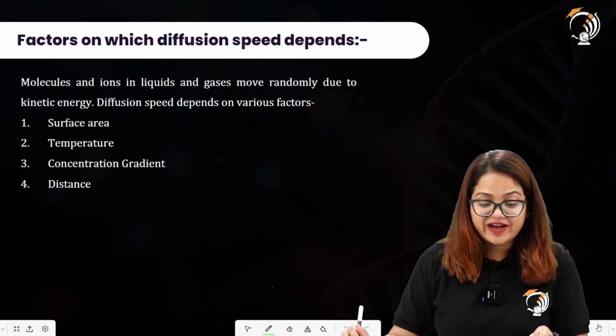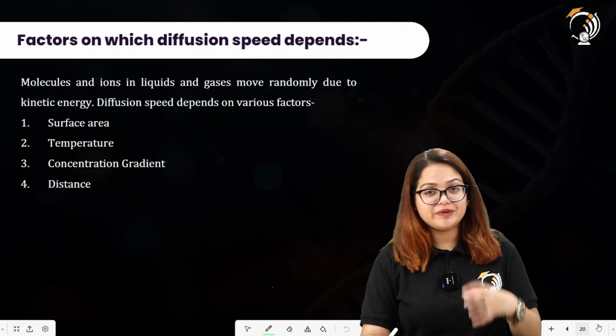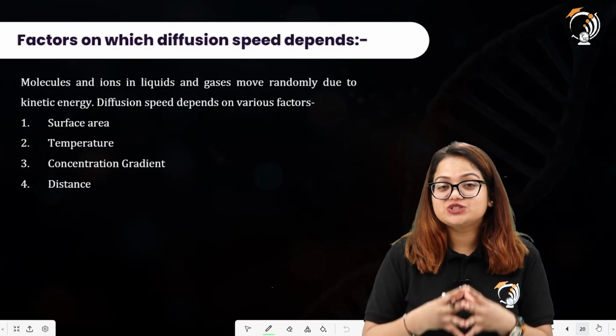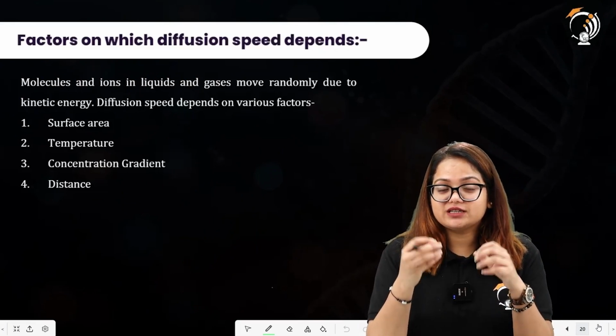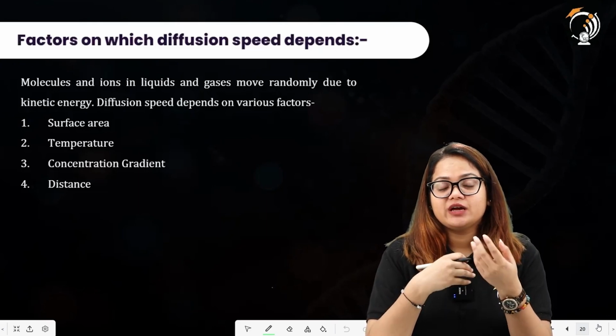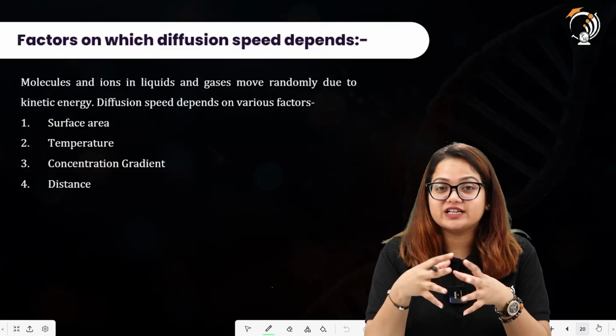Then, the factors on which the diffusion speed depends. Diffusion is a slow process, so we need some things to be set in order to make the rate of diffusion faster.